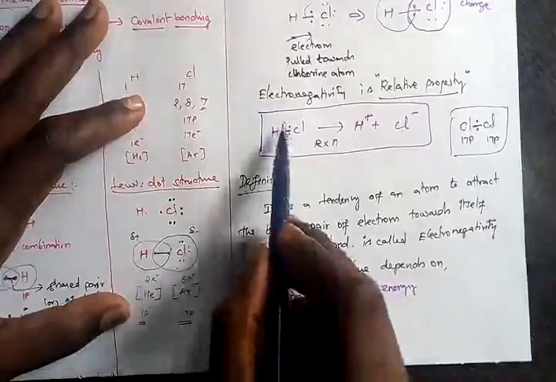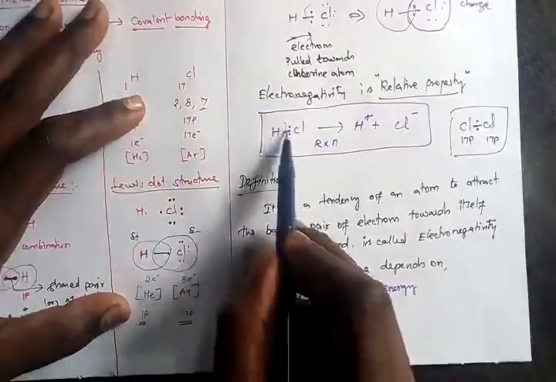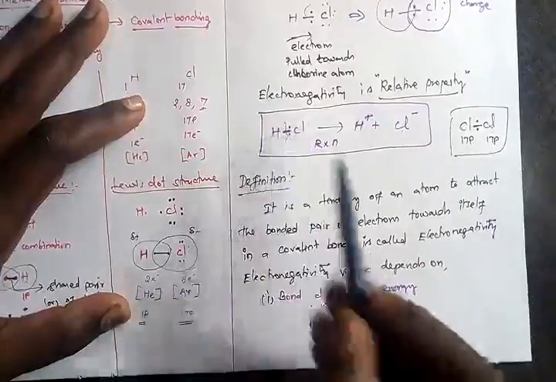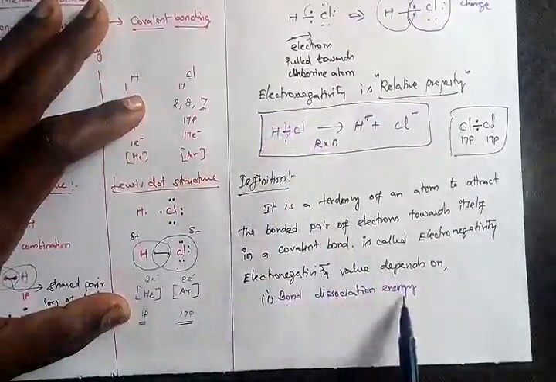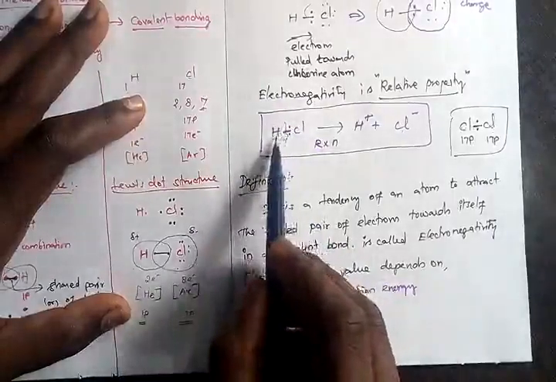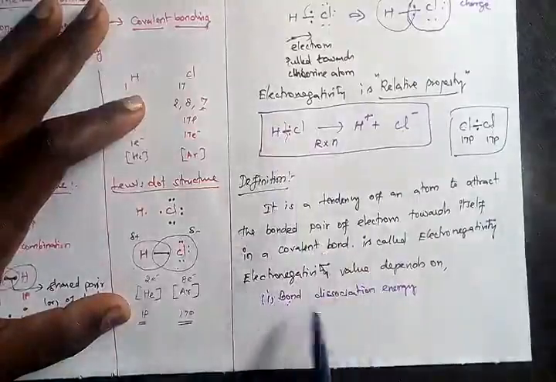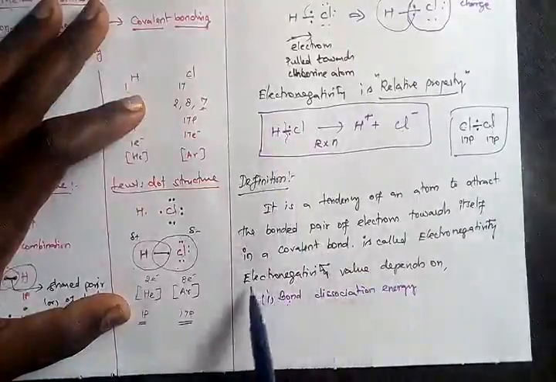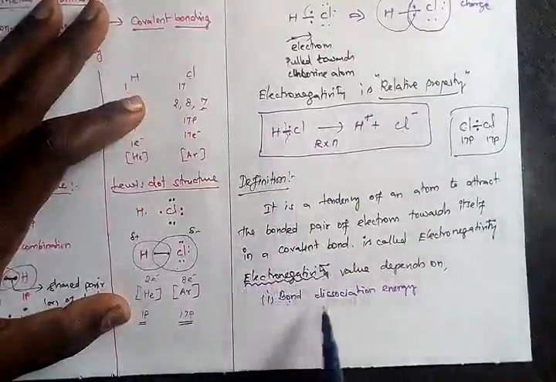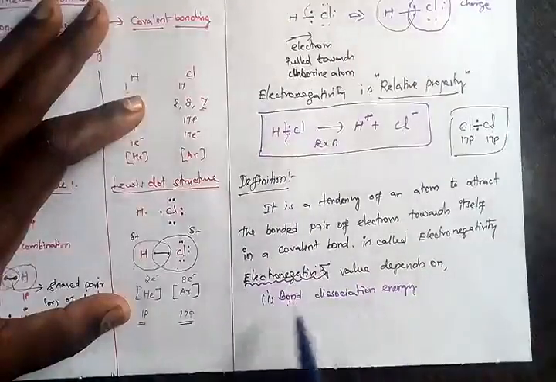That means, what is the energy required to break this bond? That bond energy is called bond dissociation energy. So when the bond of HCl is broken, we need to supply some energy, right? That energy is called bond dissociation energy. So electronegativity depends upon this bond dissociation energy.